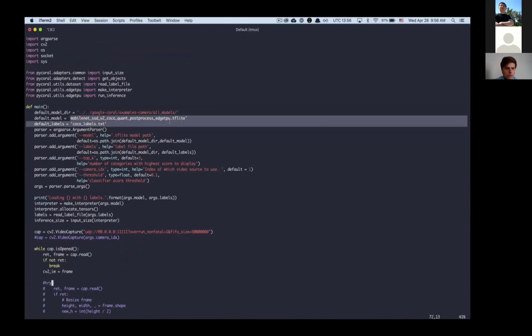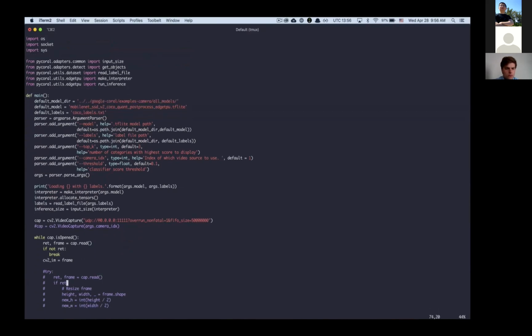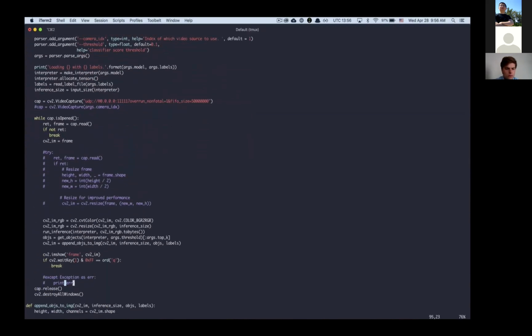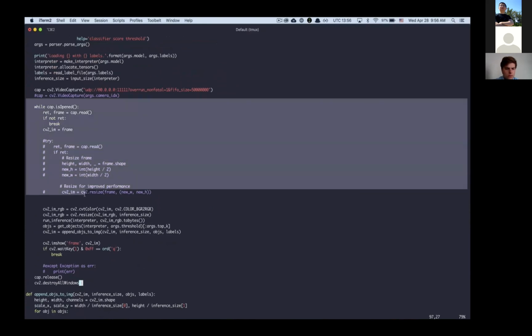Once I felt comfortable that the rest could be done, I moved on to the drone. Here I'm just using the example MobileNet SSD. By default, that's what I used earlier with the external camera, but here I'm using UDP, and that's for the drone.